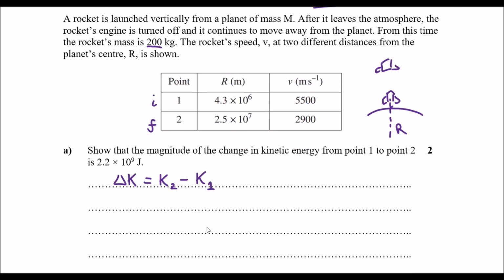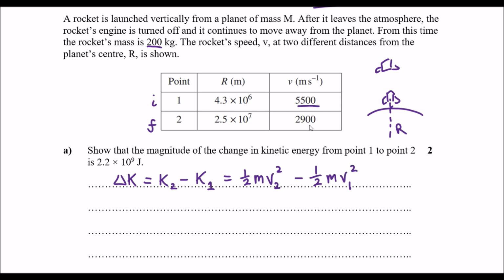In terms of what formula we need to use to find the kinetic energy, you can use half mv squared. So half m v2 squared subtracted by half m v1 squared.